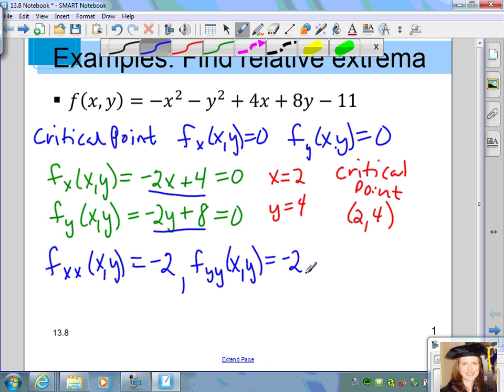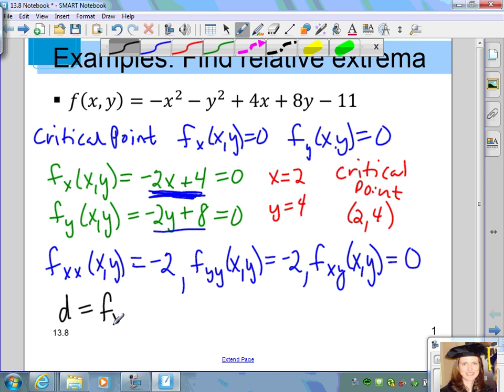And then we're going to find that mixed partial derivative xy. That's where you take the partial with respect to x, and then the result of this, you take the derivative with respect to y, and you get 0. Use these values in your D, where D is that determinant.